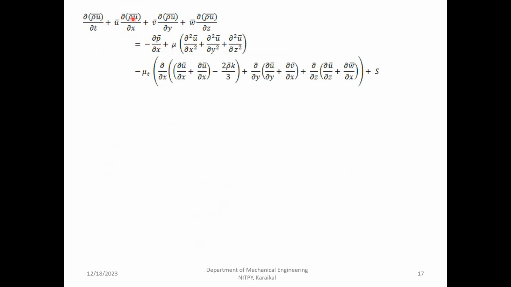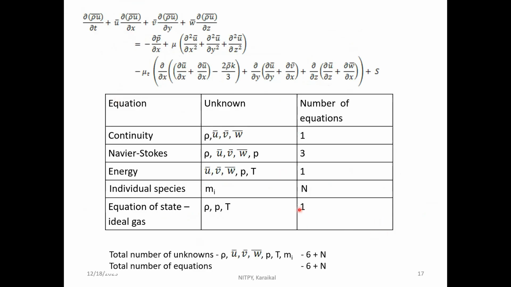You can see that there is no U prime, V prime, W prime in my equation at all. So I end up with the same number of equations and unknowns, 6 plus n equations and 6 plus n unknowns. Any doubts, queries?